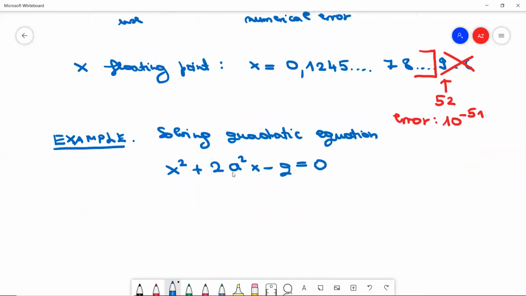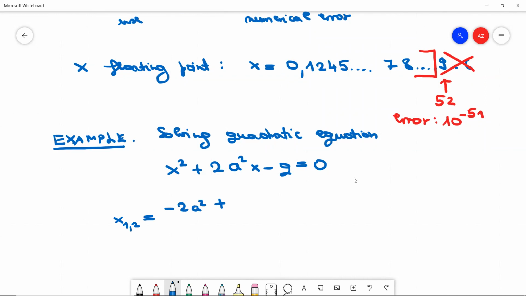Why did I use a squared instead of just a? Just to stress that this coefficient is positive. That's why I used a squared. We all know how to solve such a quadratic equation. There is a formula to get both solutions.